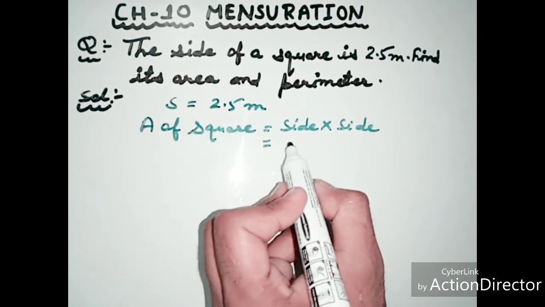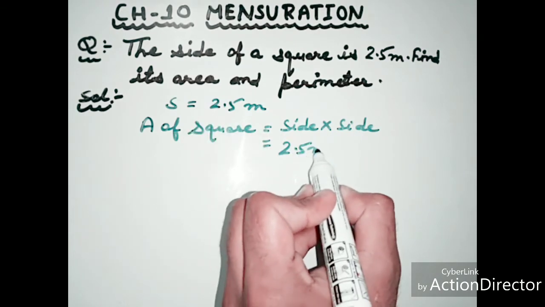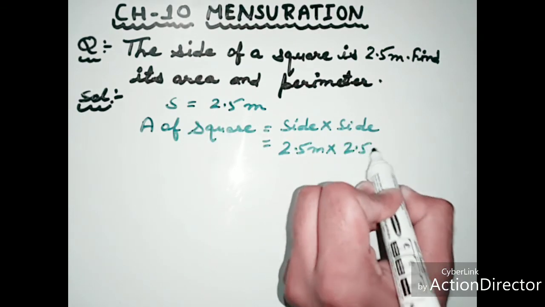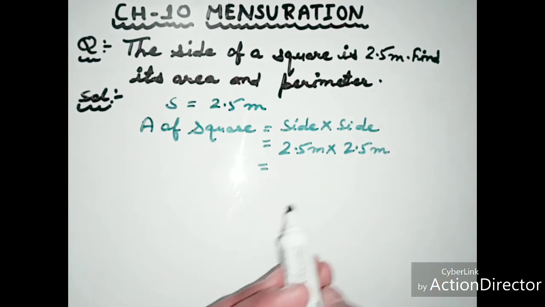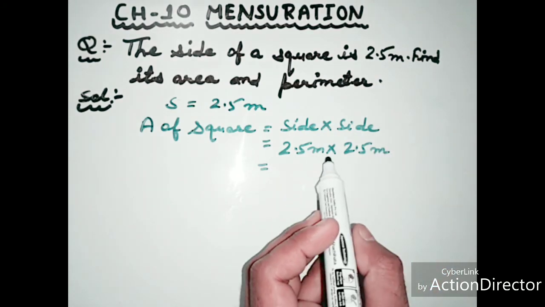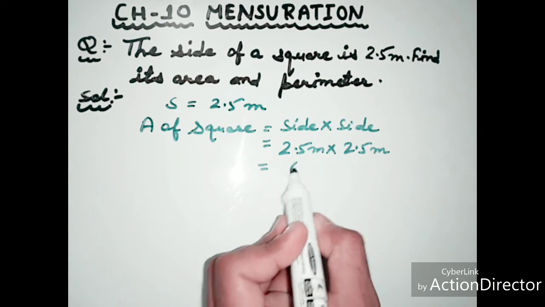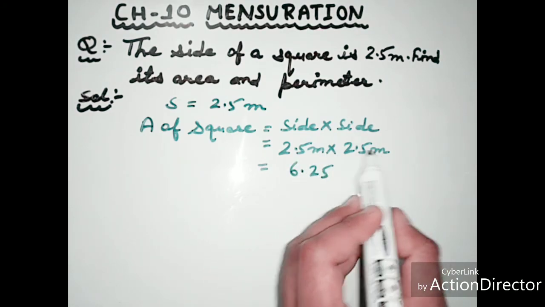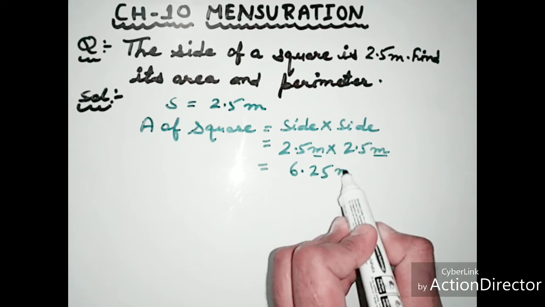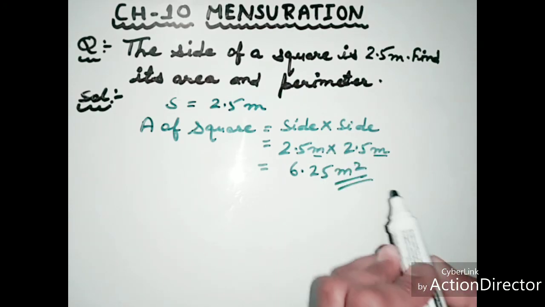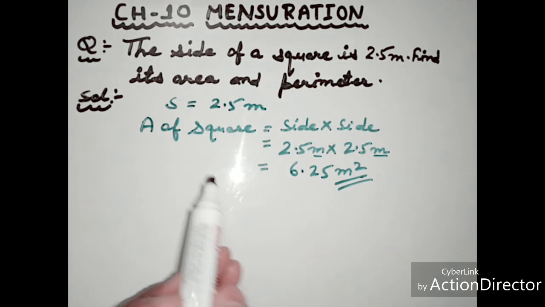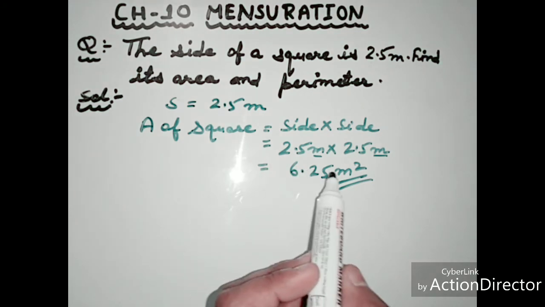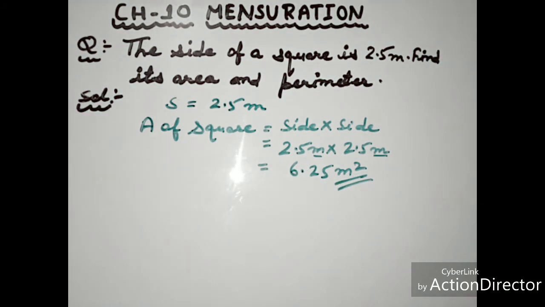So here the value of side 2.5 meter multiplied by 2.5 meter, and when you multiply 2.5 with 2.5 we get 6.25, and we write the unit in meter square. So the area of the square is 6.25 meter square.